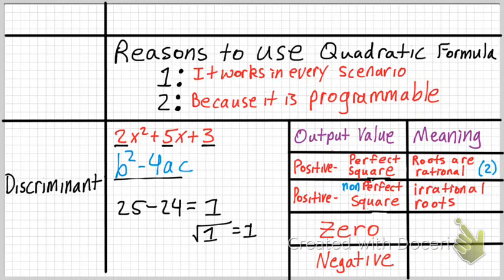And if it's a positive non-perfect square, it'll again be 2 roots. If it's 0, then we're going to have a single root or solution at the vertex. And then finally, if I have a negative number for my discriminant, then I'm going to have imaginary roots.